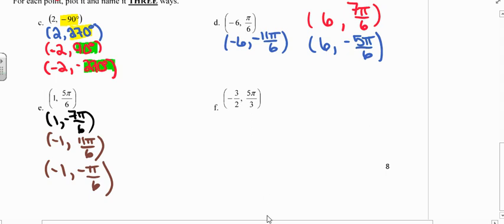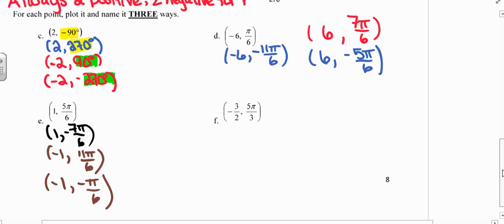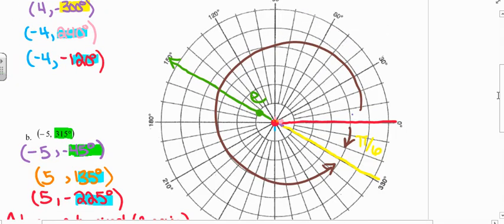I'm hoping at this point you've got a pretty good handle on this, but we've come this far. May as well finish this off for good measure. So -3/2 with an angle measure of 5 pi over 3 for the last one. And again, I'm going to go clean things off so that I can start with a clean slate here.